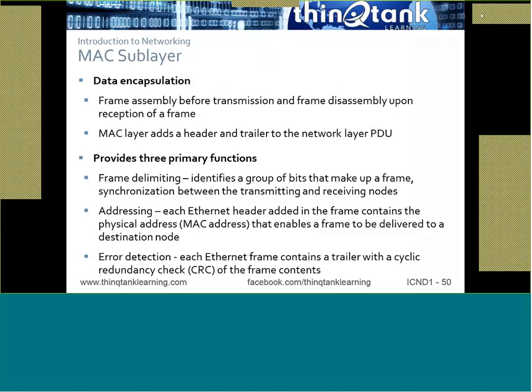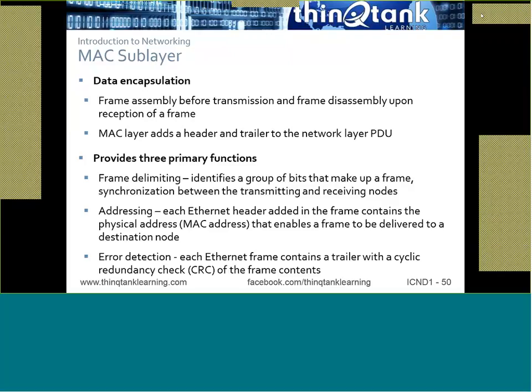We were talking about LLC and the MAC sublayer. The MAC sublayer, that's the lower half of 802.3, right? The LLC is the upper half of 802.3. The MAC sublayer is the lower half. It's responsible for data encapsulation, meaning that it takes that frame information, it converts or encodes it into an appropriate format, and it sends it over the physical layer in the form of ones and zeros.